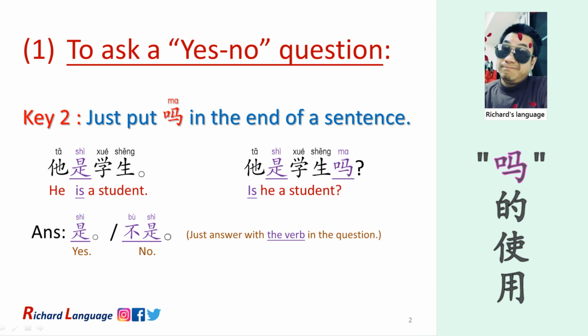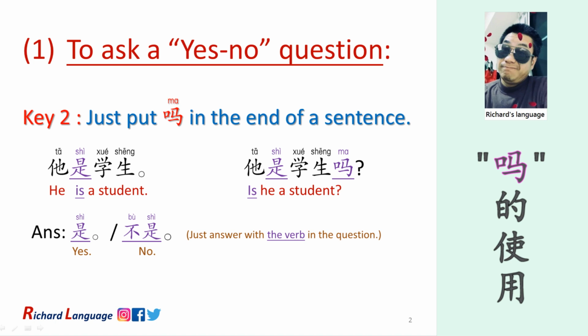It is very easy. You just find the verb in your question, like this sentence. 他是学生吗？是 means is. It is the verb in this question, so we use this verb to answer the question.